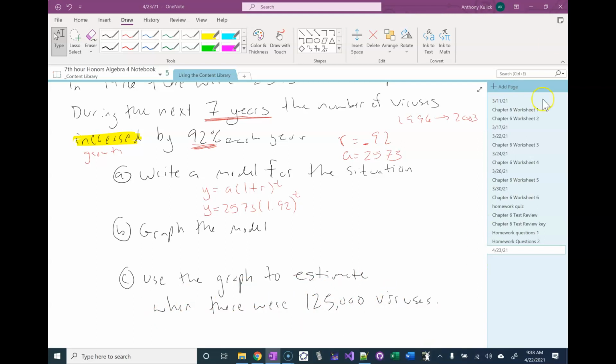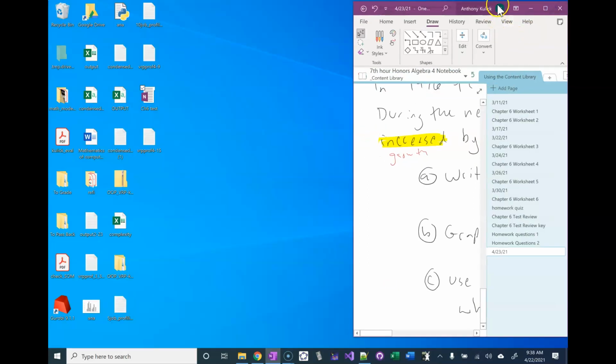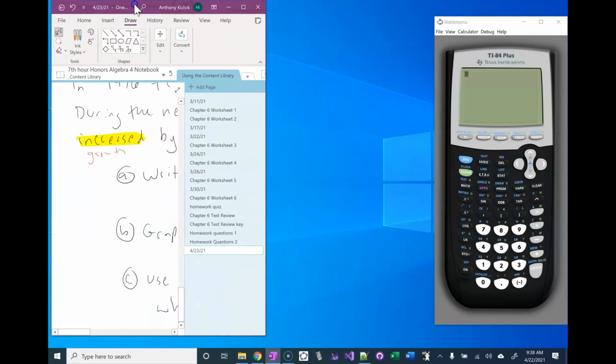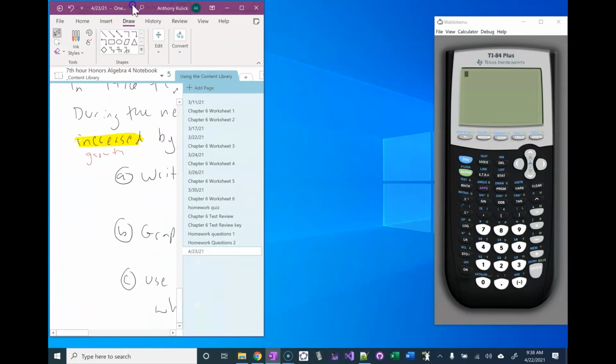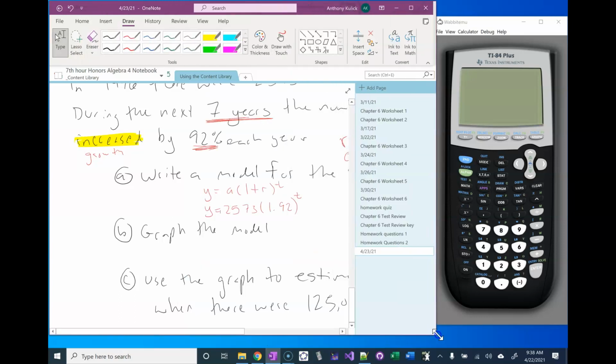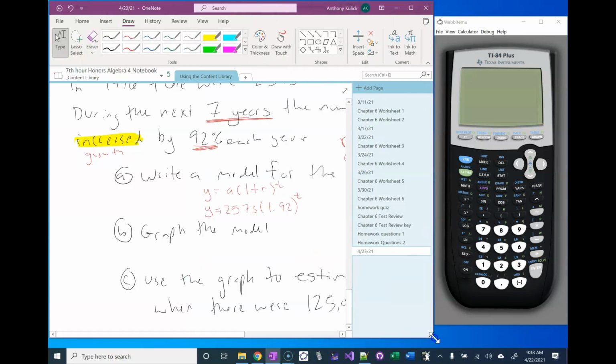So I'm going to use my graphing calculator to do this, because I can get a much better estimate using the calculator's graph than a graph I'm drawing by hand, because quite frankly, I can't be that neat.